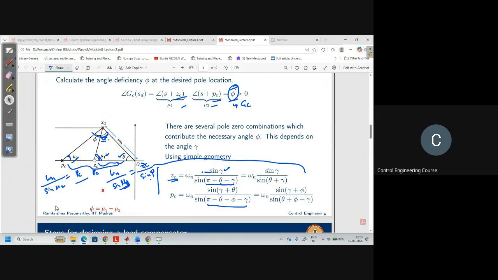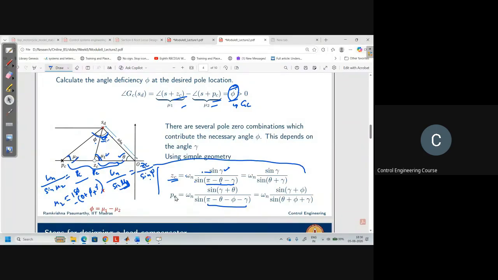Sine mu2 is, in this triangle, 180 minus phi plus gamma plus theta, that is, 180 minus theta plus phi plus gamma.